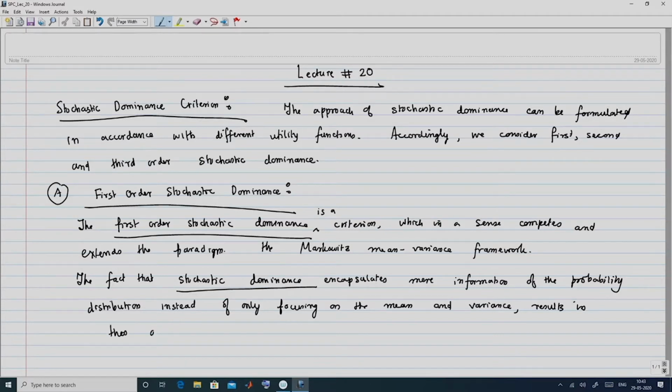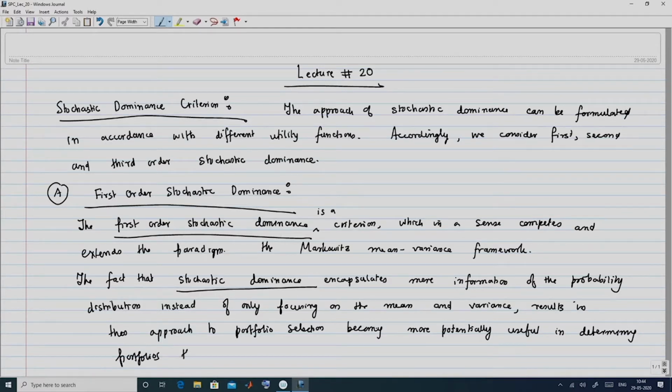So, this fact results in this approach to portfolio selection, namely stochastic dominance, becoming more potentially useful in determining portfolios that could outperform Markowitz efficient portfolios.